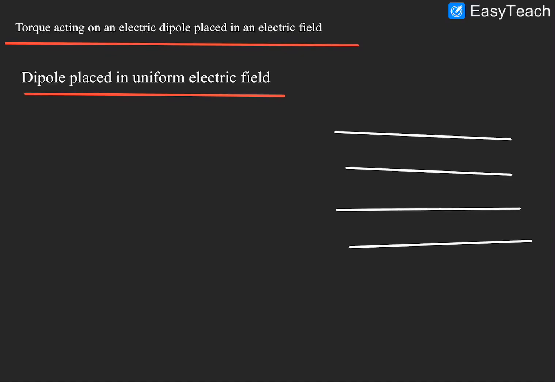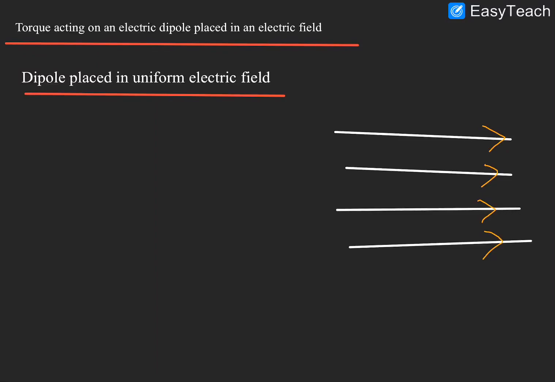We also want to represent the direction of the electric field, so we use arrows. This is the direction I am giving. It means the electric field is moving from left to right. Here you can see the arrow is pointing from left to right.